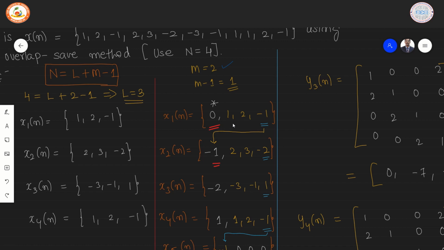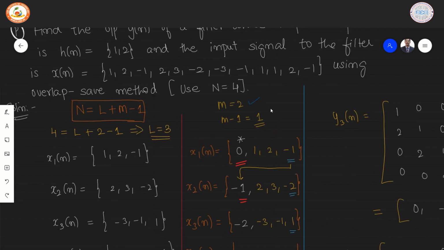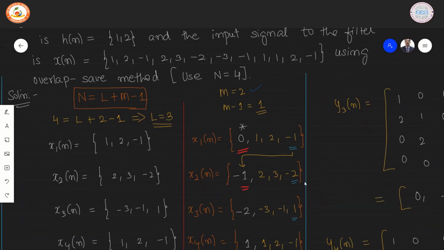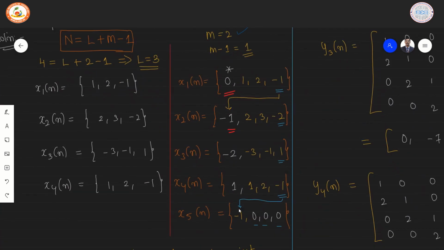So we are left with 4 into 3, 12 points, whereas the calculation has clearly said that I require 13 points in the result. Therefore, we introduce the fifth block, which is created by taking the last point minus 1 followed by 3 zeros because we do not have any data.